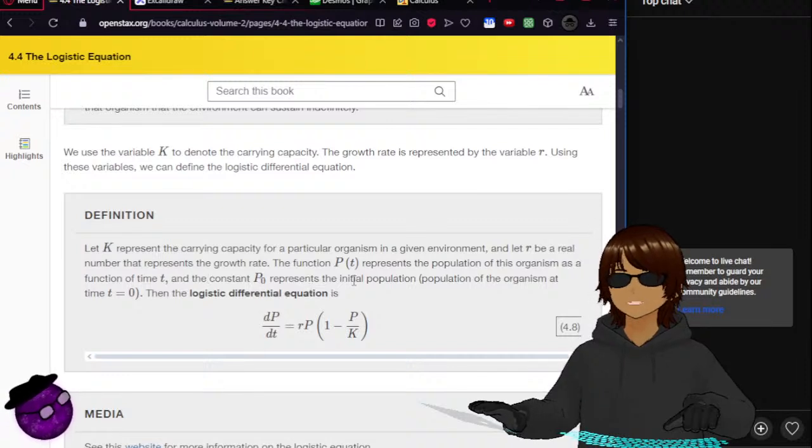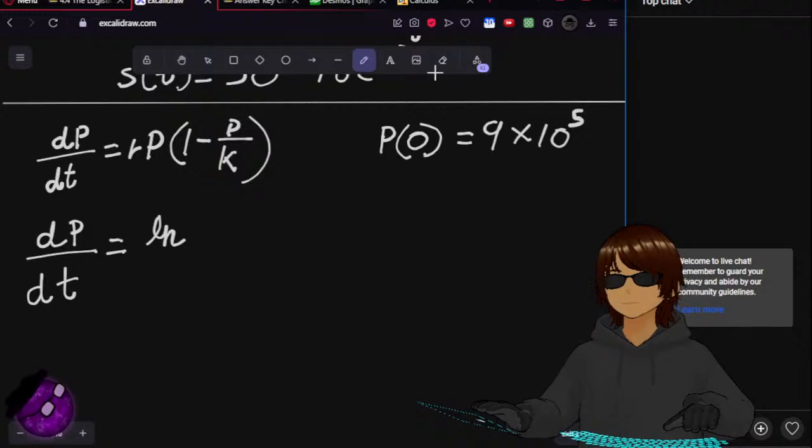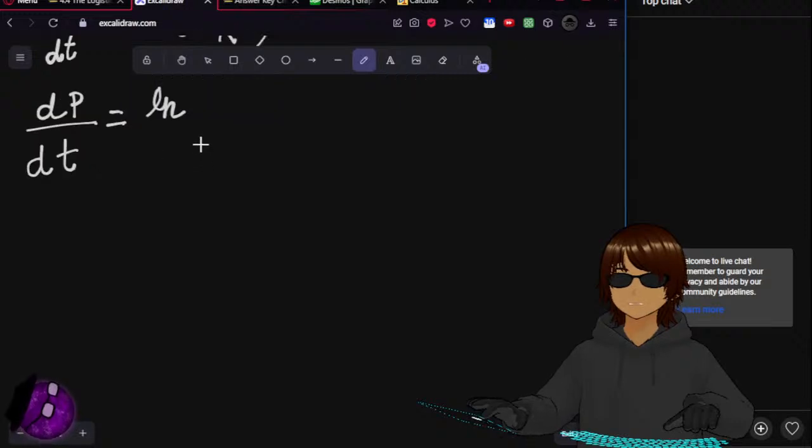Constant P0 represents the initial population. I think this is supposed to be P0. They made a mistake here. Anyways, ln of.